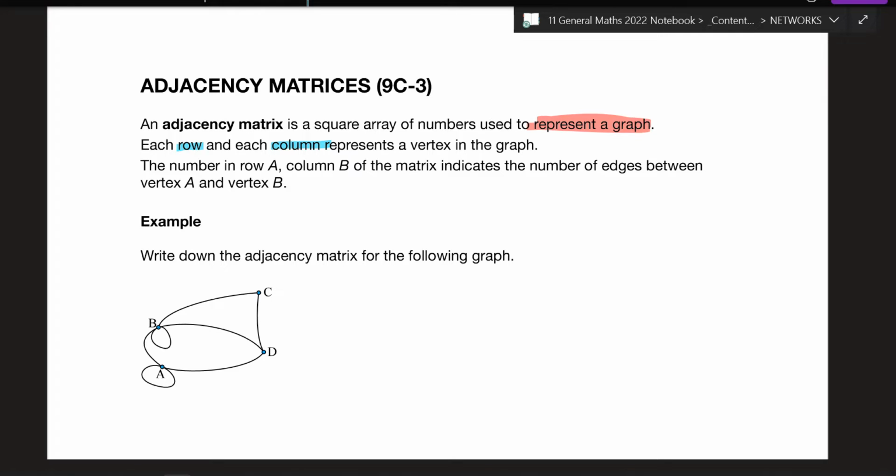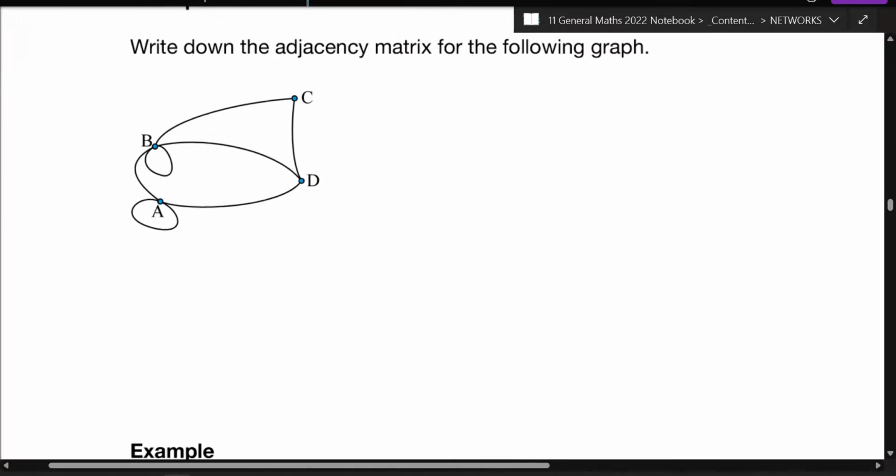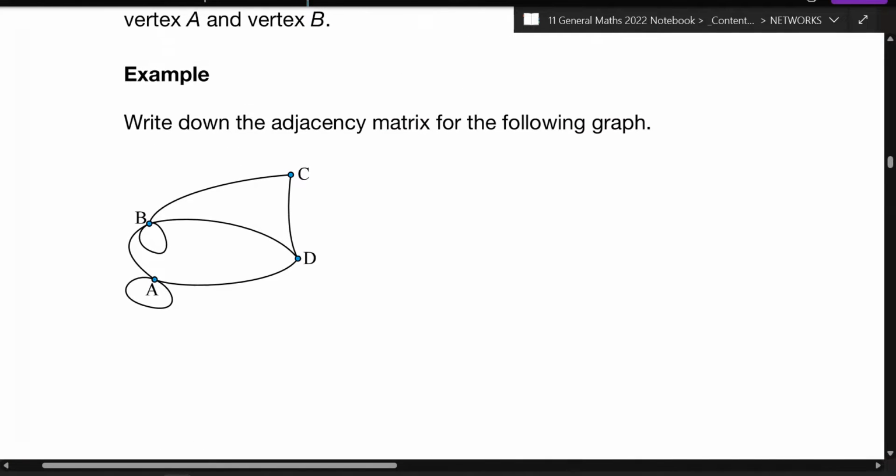Remember, all your matrices in here are going to be square matrices. The number of rows and columns will tell you how many vertices you have. So if it's a 4x4 matrix, how many vertices? How many dots? If it's 4x4, 4. If it's 5x5, 5 dots. 6x6, 6 dots. Okay. So for this one here, we need to write down the adjacency matrix.